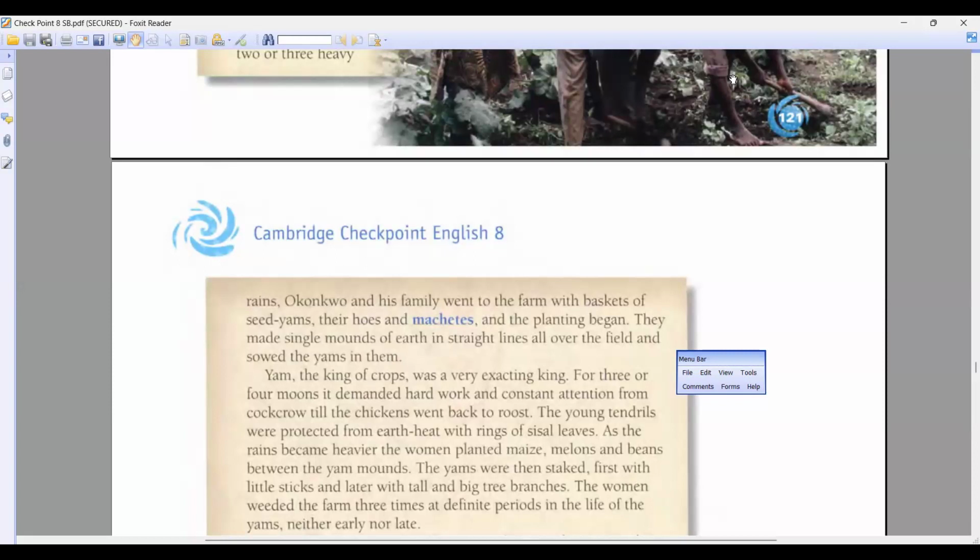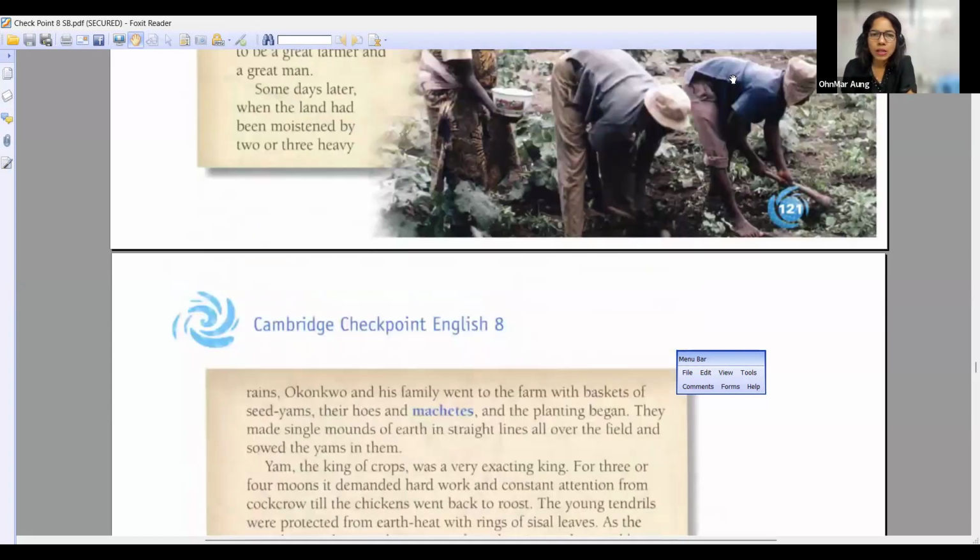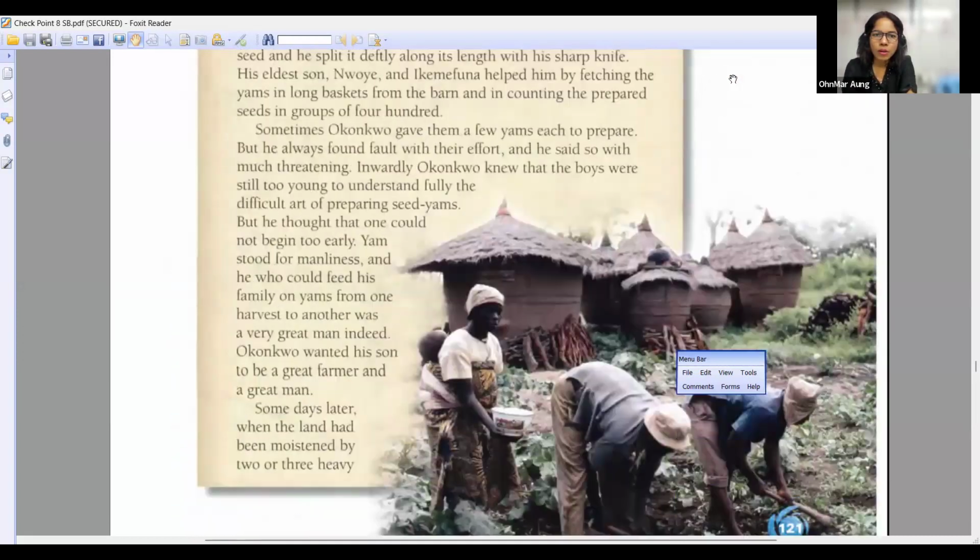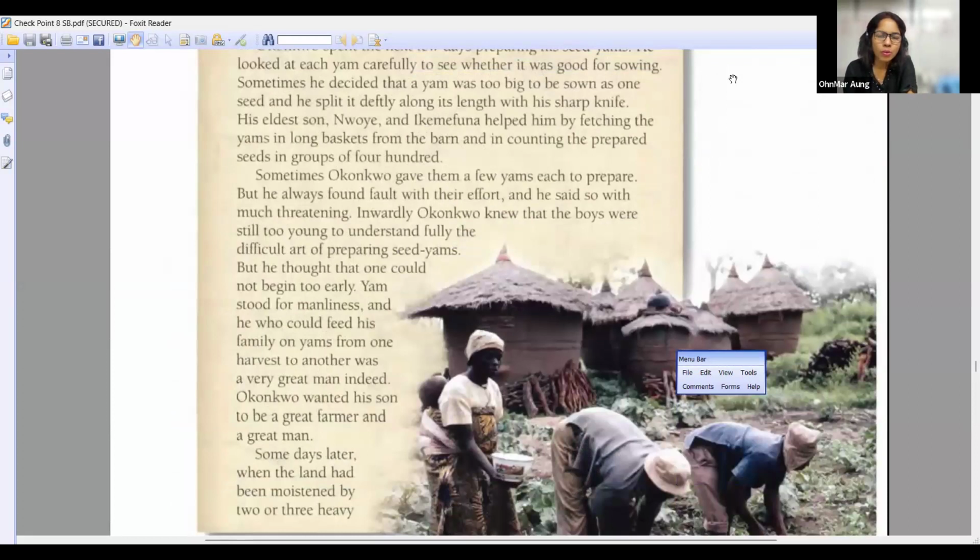It's obvious. Before the rains come. But according to the passage, when do they grow yam?